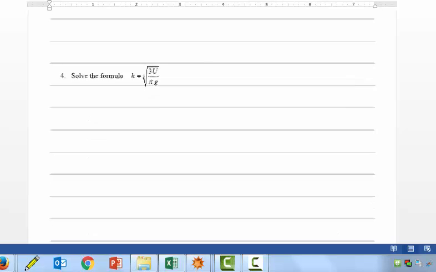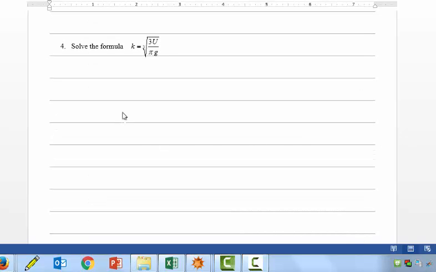Sometimes formulas involve radicals. And here I want to solve this formula for one of the variables. Let's solve this for g. And notice that the formula involves a cube root.